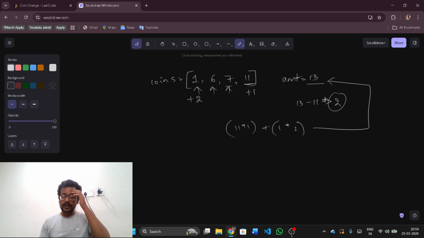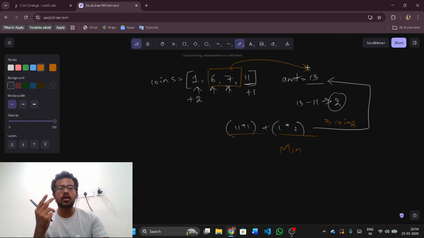But it's not the correct approach to make the minimum. I know we can make it with 2 coins, because 6 plus 7 is 13, it's just 2 coins, right? So how do I figure it out?